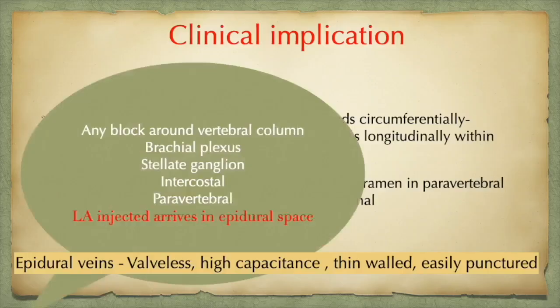Any block around the vertebral column, maybe in the brachial plexus, stellate ganglion, intercostal, or paravertebral, can even reach into the epidural space. Therefore, the paravertebral block is another extension of the epidural anesthesia.